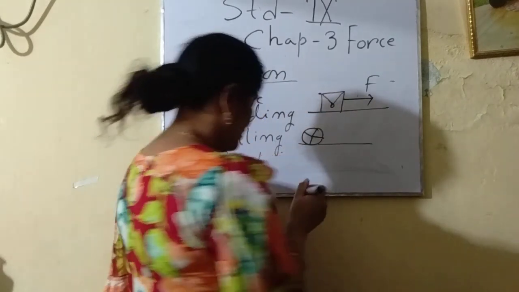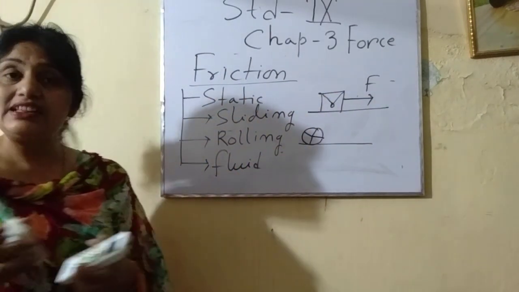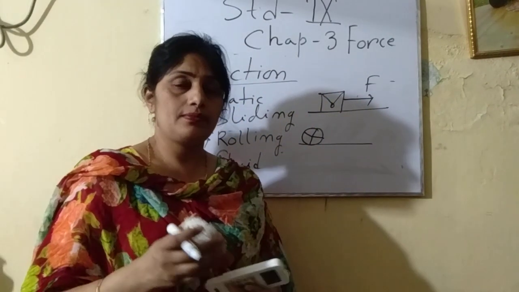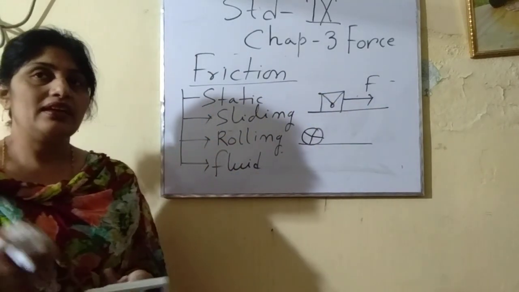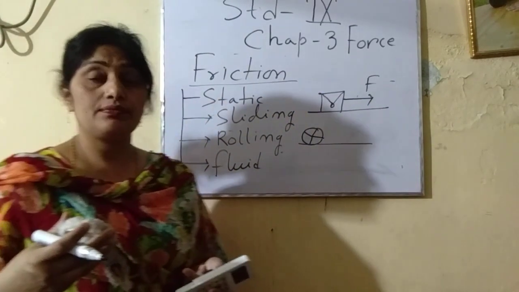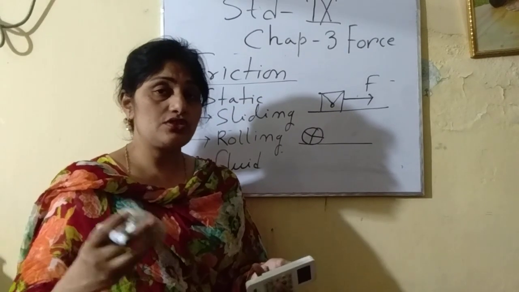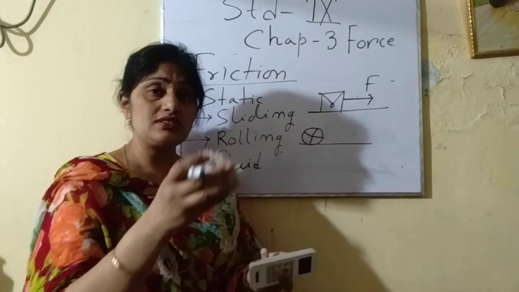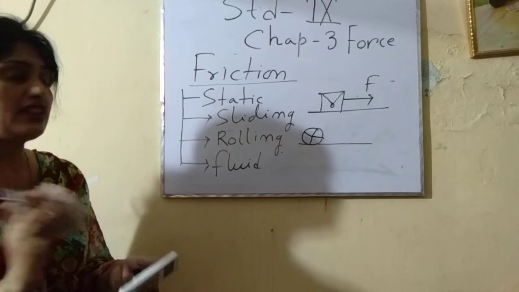Fluid friction. The friction which is created in a fluid, that means it may be air, a gaseous substance, or water, the friction which is created in those substances is known as fluid friction.